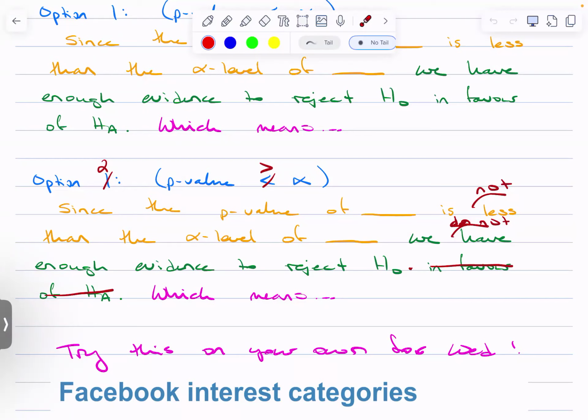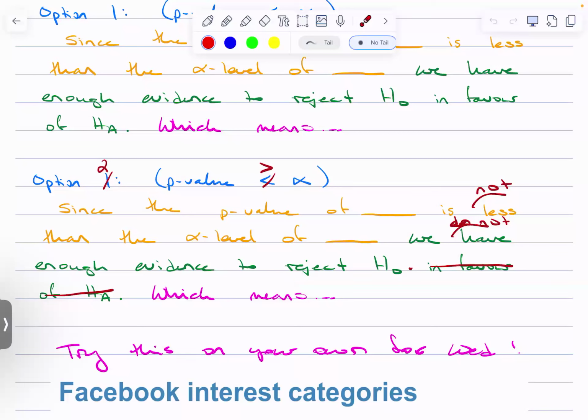So that doesn't mean it's true, right? That's the important aspect: just because we don't have enough evidence to reject H naught, that's just based off of our sample. There's always a chance that we're wrong, and we'll talk about that in a little bit today.